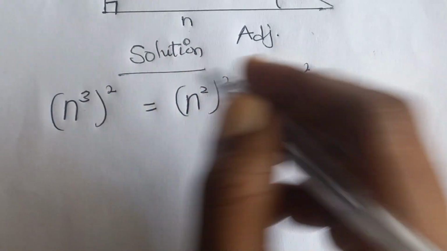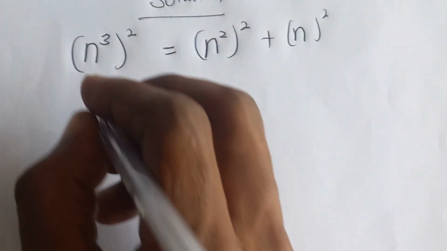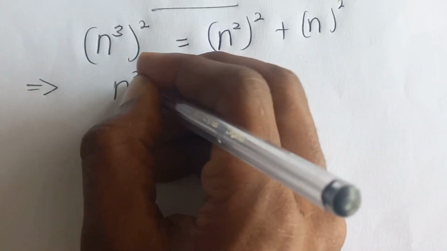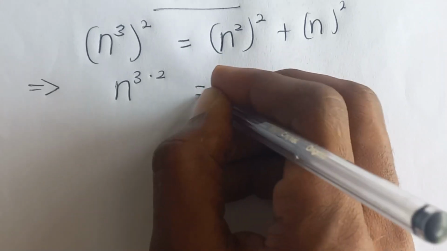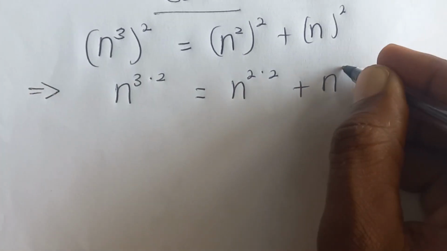Okay, so this is what we are going to use. So now in this we are going to get n exponent 3 times 2, which is equal to n exponent 2 times 2 plus n exponent 2.